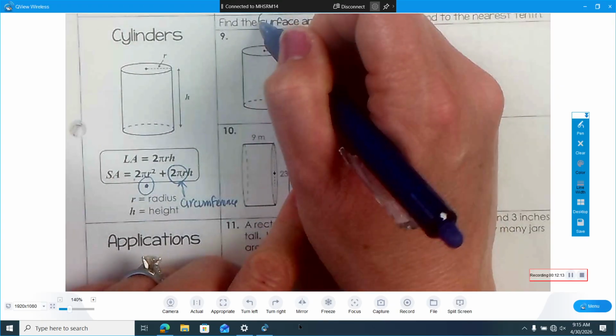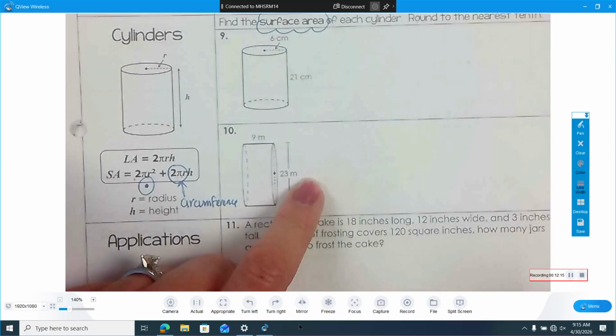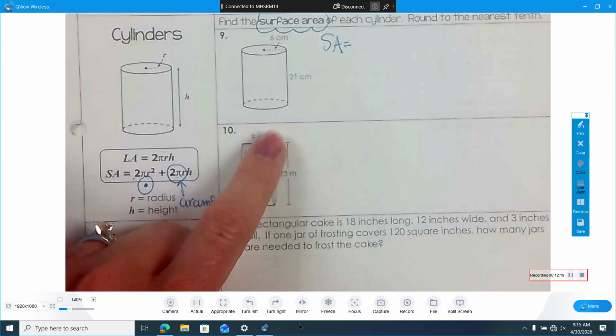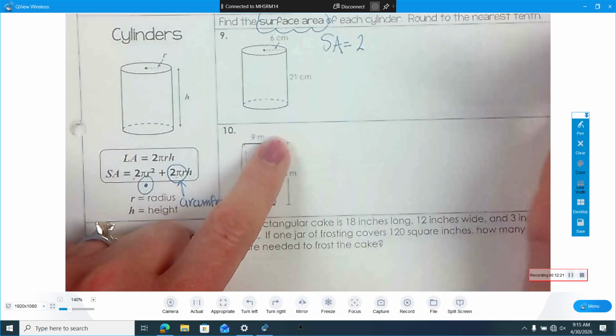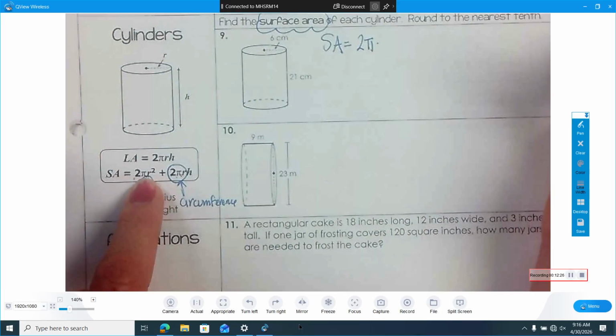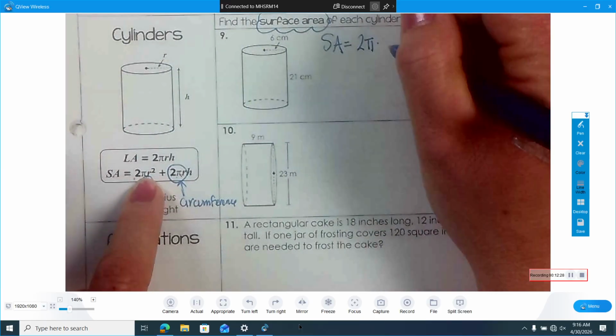We want to find the surface area and round to the nearest tenth. So surface area is, we have 2 pi r squared, pi times, what's our radius? 6.